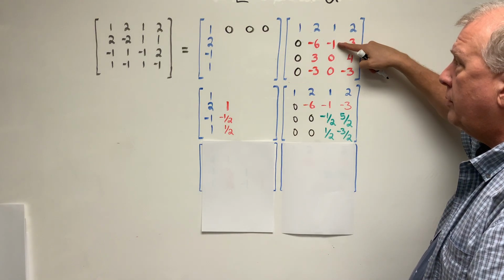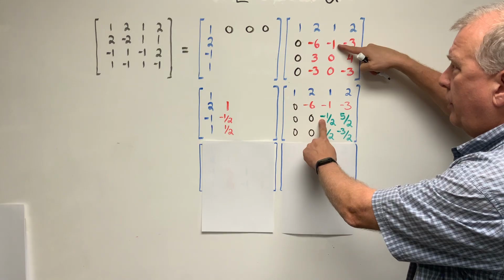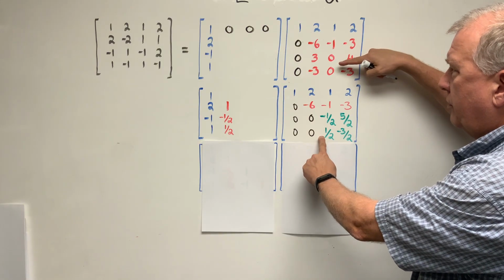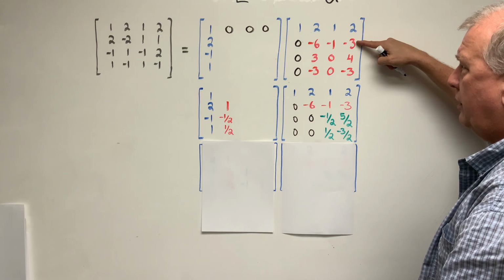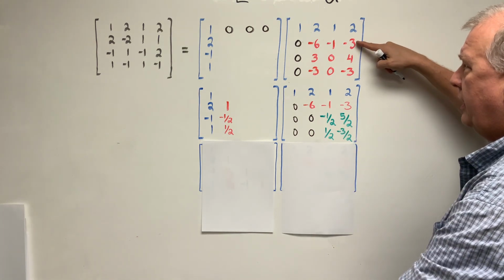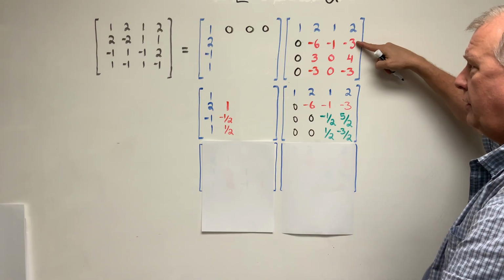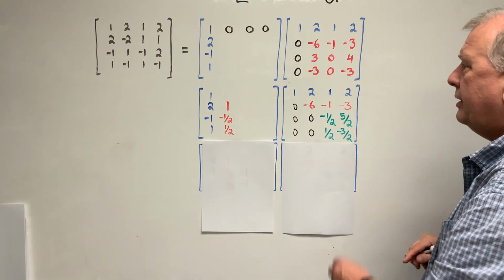But 1 half times negative 1 plus 0 is negative 1 half. And negative 1 half times negative 1 plus 0 is positive 1 half. 1 half times negative 3 halves plus 8 halves is 5 halves. And negative 1 half times negative 3 halves minus 6 halves is negative 3 halves.